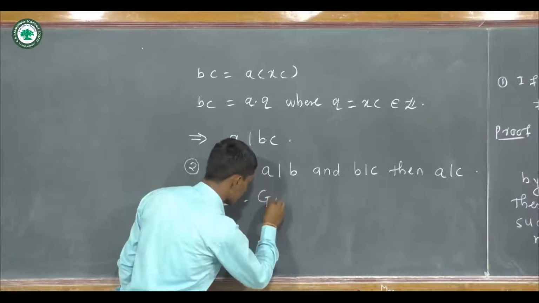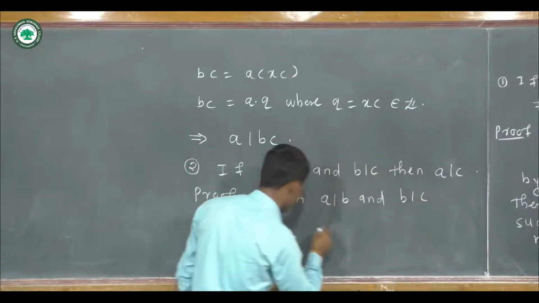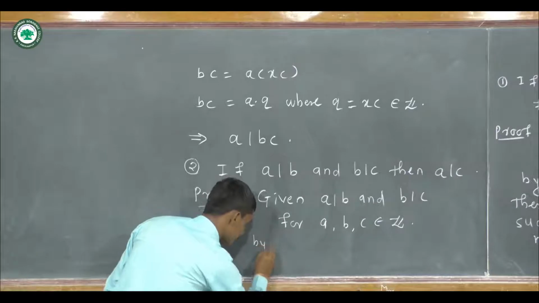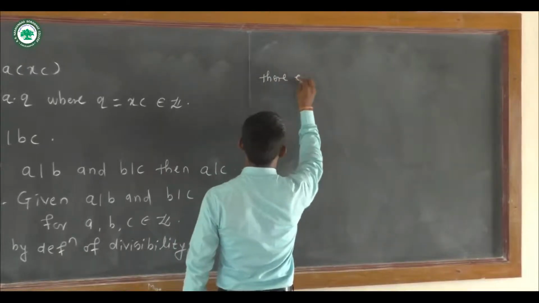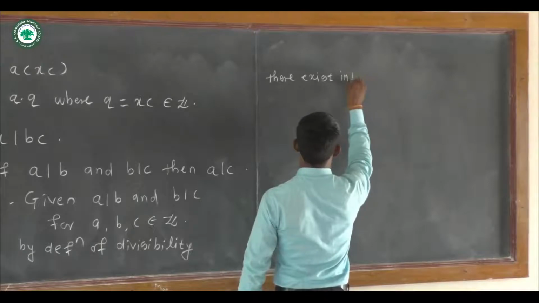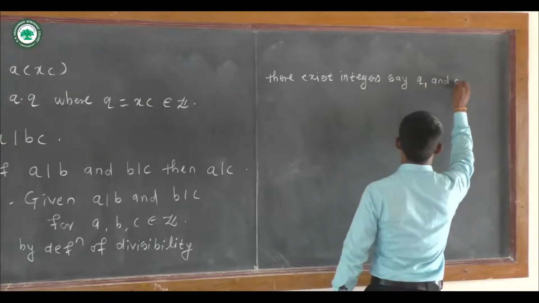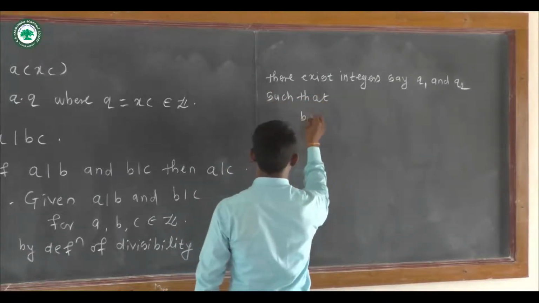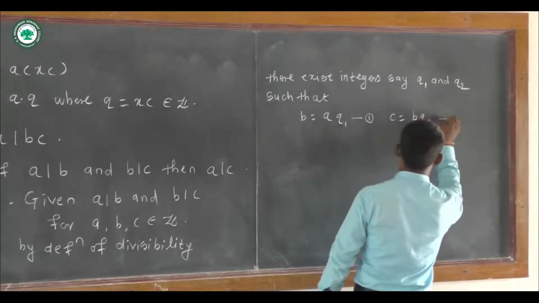Given a divides b and b divides c for a, b and c belong to Z. Now by definition of divisibility, there exist integers, say q1 and q2, such that b is equal to a into q1, say equation number first, and c is equal to b into q2, say equation number second.